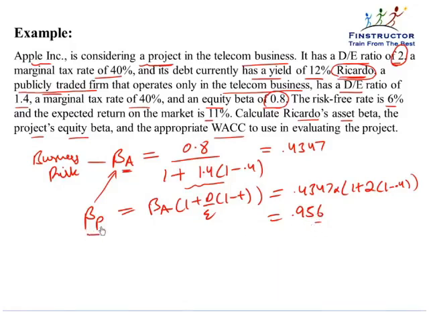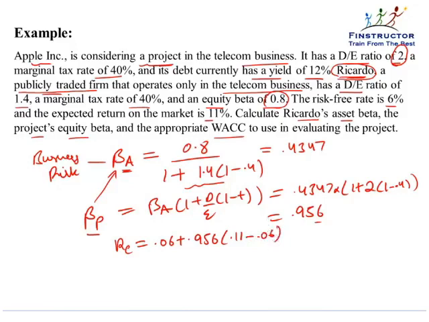Now this beta of the project equity, or the beta of the project, can be used in the CAPM equation to compute the cost of equity for the project as the risk-free rate, which is 0.06, plus beta into the expected return on the market minus the risk-free rate.